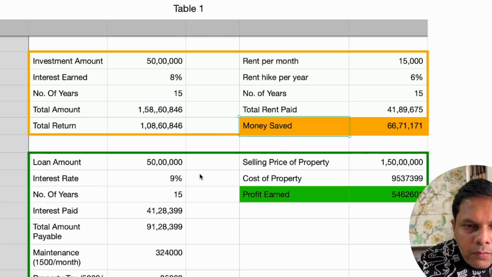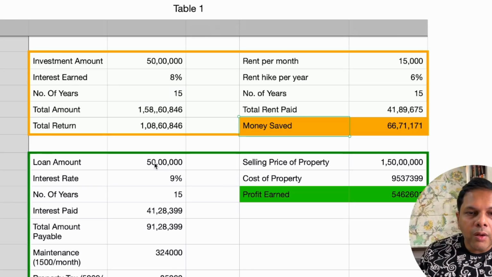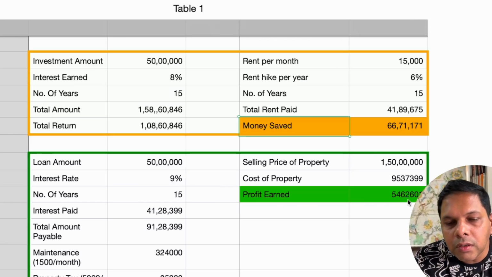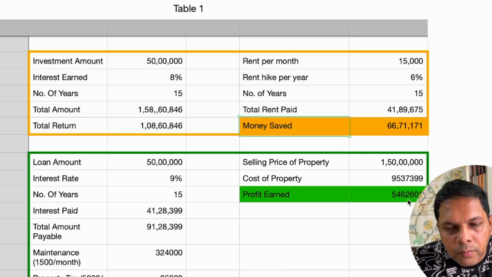But if the person had taken a loan for the same investment amount for a period of 15 years, he would have earned a profit of 54 lakh 62,000. Again, over here it is pretty clear that the person is still able to make a profit of nearly 12 lakh rupees.